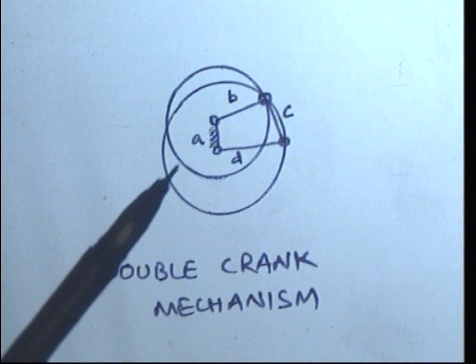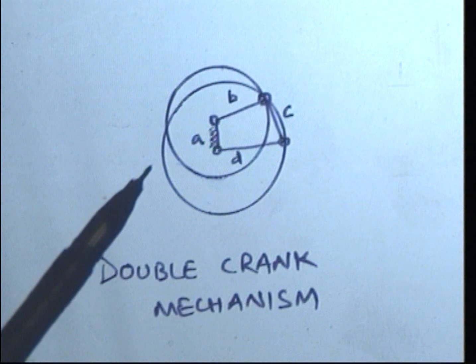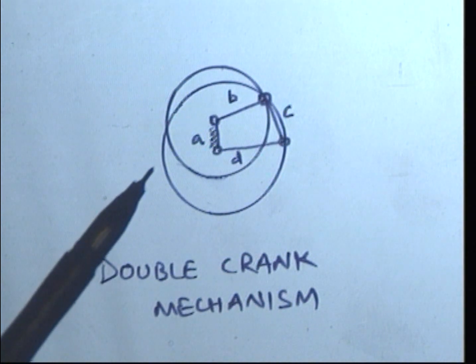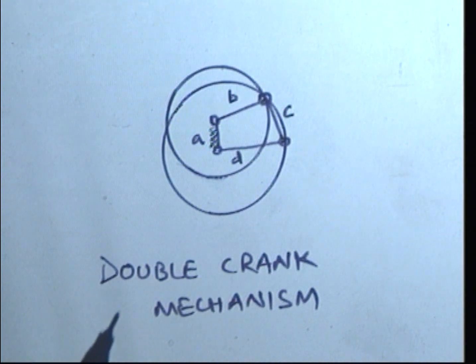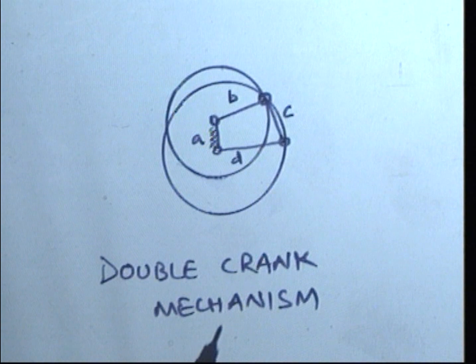Hence, we have 2 cranks in the system which perform rotary movements. Hence, it is called a double crank mechanism.